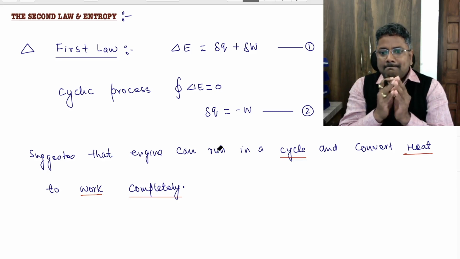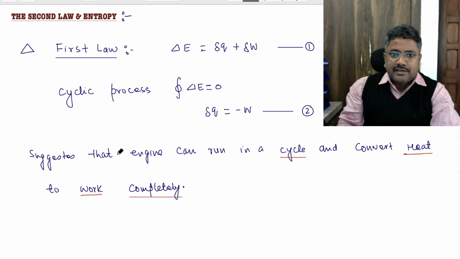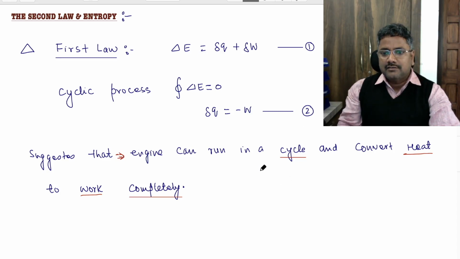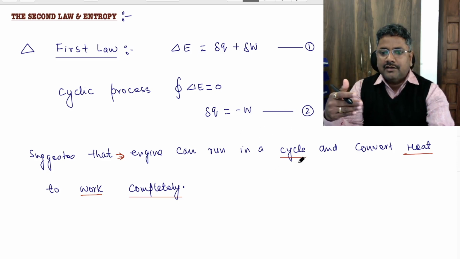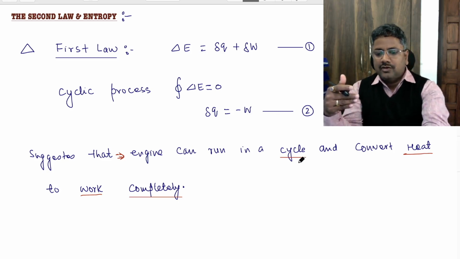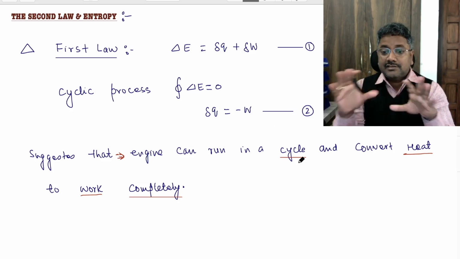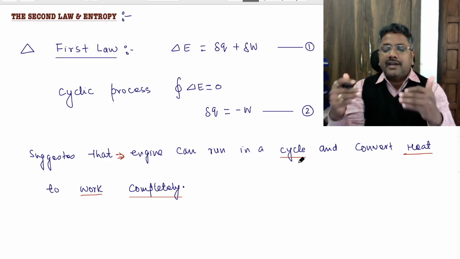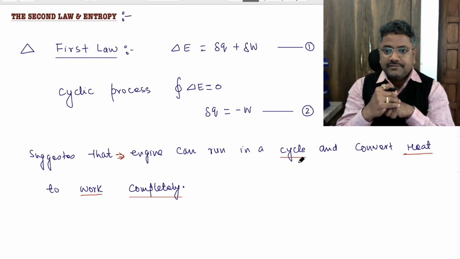If an engine is running in a cyclic manner, in that case it is possible for us to completely convert heat into work. This is the inference we can make from the first law of thermodynamics, right?